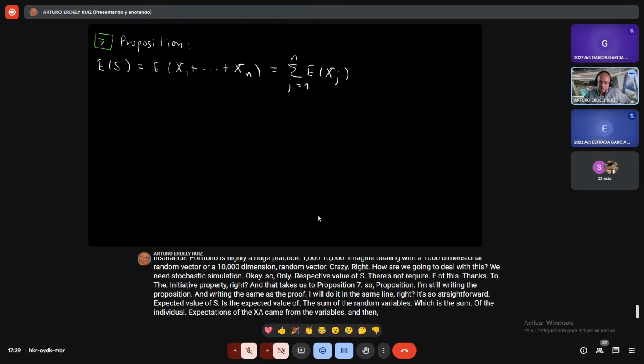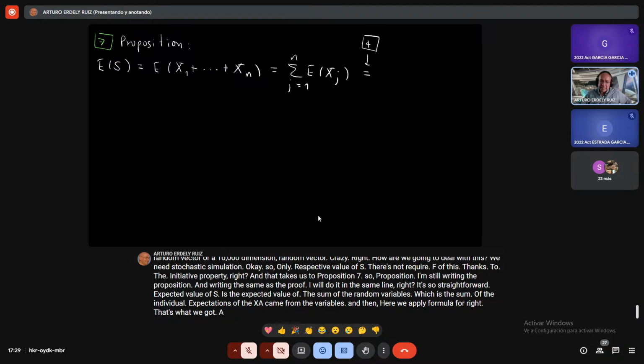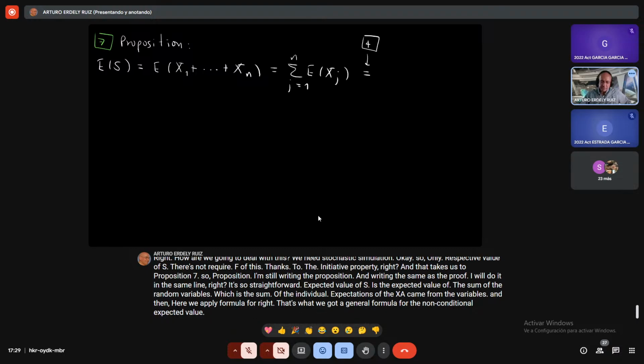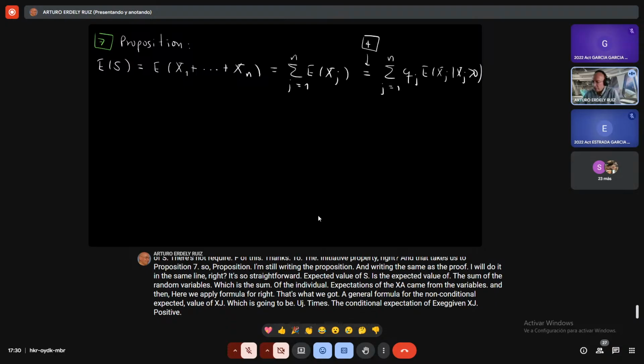And then here we apply formula 4, right? That's why we got a general formula for the non-conditional expected value of Xj, which is going to be qj times the conditional expectation of Xj given Xj positive.